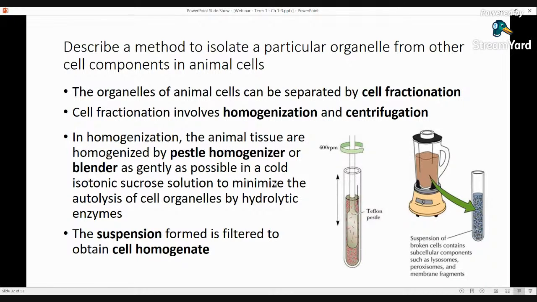This minimizes the autolysis of cell organelles by the hydrolytic enzymes. Then we get a suspension, which is filtered to obtain the cell homogenate.